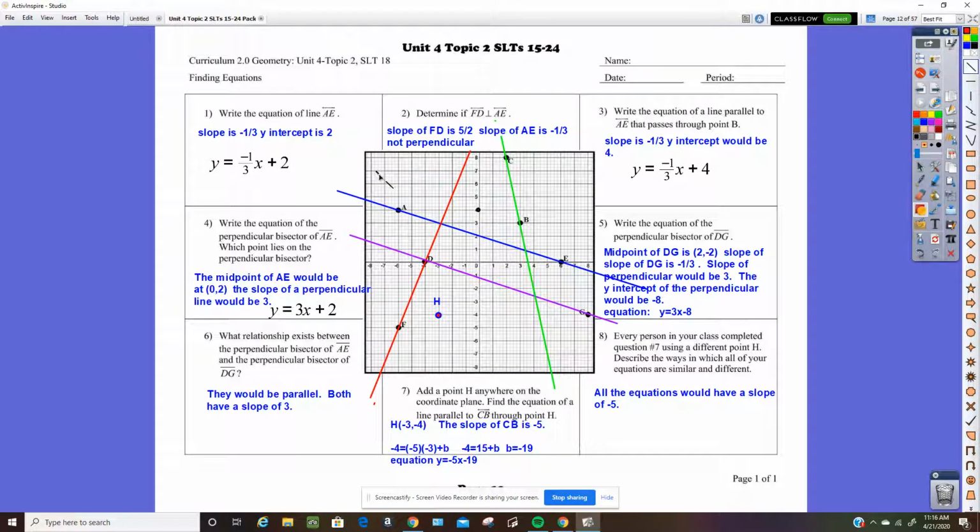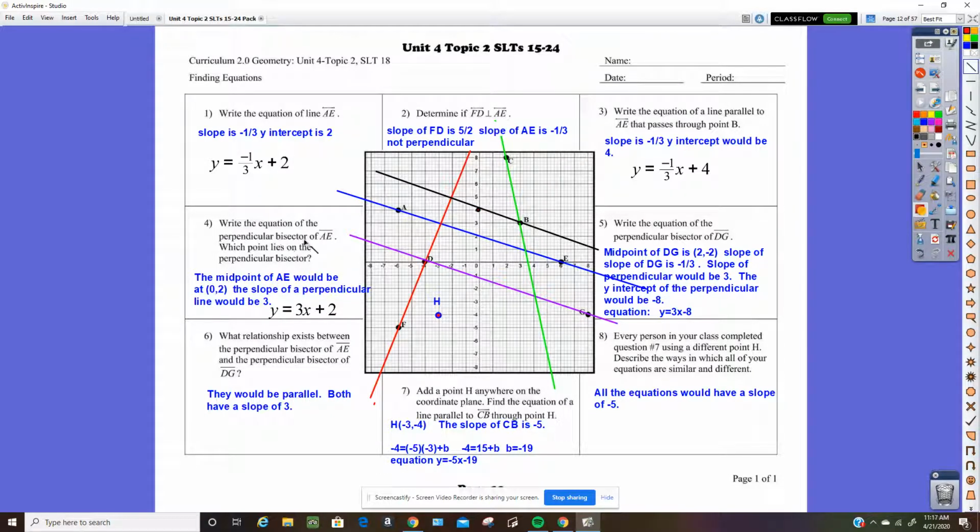It's this line right here. All right, so y equals negative 1/3 x plus 4, where 4 is the y-intercept. And that would be the parallel line.